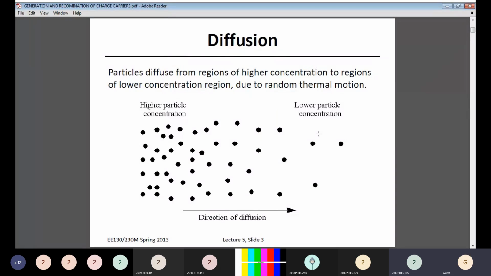So diffusion means spreading out the particles from the higher region to the lower region. Fusion is the vice versa, that is, fusing means joining or combining, whereas diffusion means diffusing the charged particles from the higher concentration region to the lower concentration region.